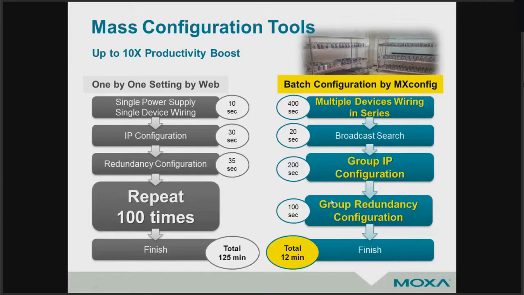On the right, we have the batch configuration tool, which basically allows you to automatically set all of the IP addresses on all the devices in the network by doing a broadcast search, and then automatically takes the configuration you set for one switch and propagates that to all the switches in the network. So you can see here we're going from a little over 2 hours to about 12 minutes in this example. This gives you a sense for how much time and effort a tool like this can save you.